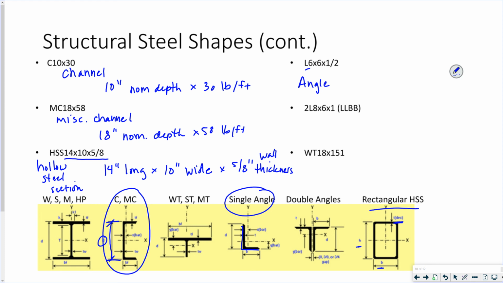So it has a 6-inch leg by a 6-inch leg by a thickness of the legs of 1/2 inch. This is a symmetric angle, an angle with two legs that are the same size. They can be different sizes.